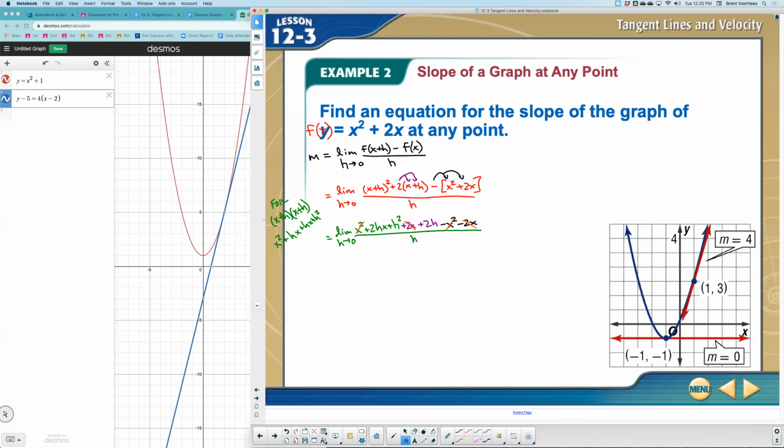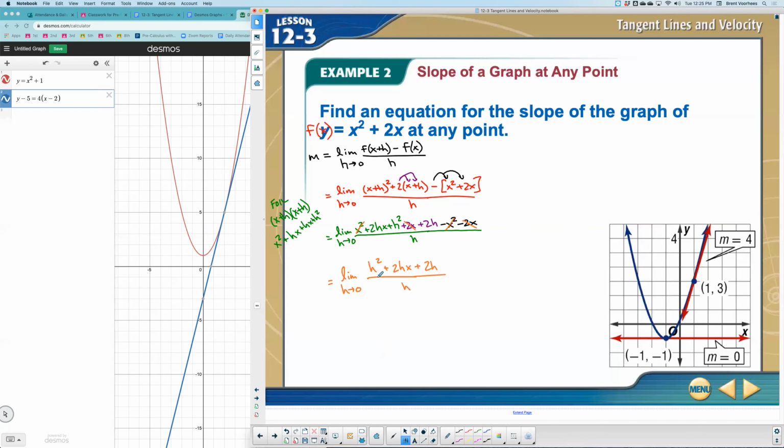Those will simplify together. And so it seems to me that the limit as h approaches 0 would be h squared plus 2hx plus 2h, all divided by h.